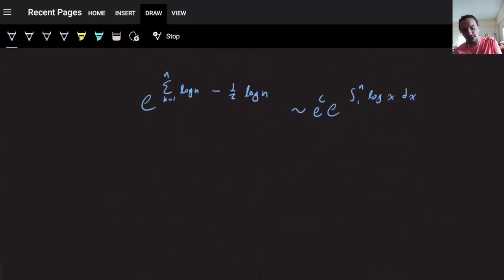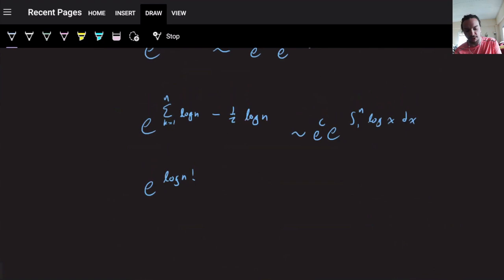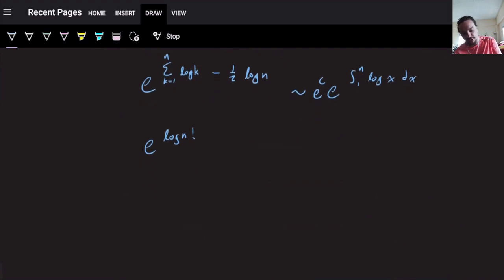Okay, and now I can use what we did. So we know that e to the sum of log k is just e to the log n factorial. We already showed that the sum of log k is just equal to log n factorial. And then the other part here is e to the 1/2 log n.